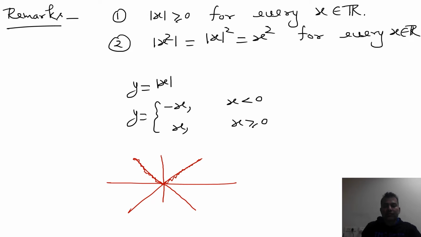Okay, so the graph of y equals mod x is this V-shaped graph. This is y equals mod x graph. Okay, so we have a sharp point at x equals 0.